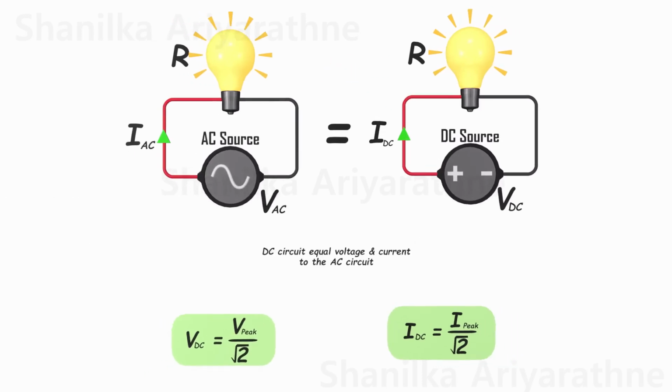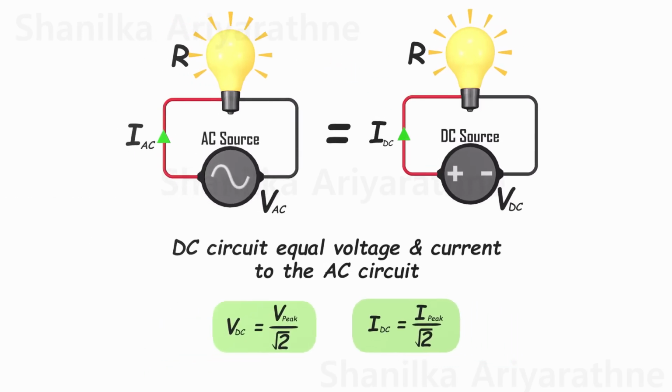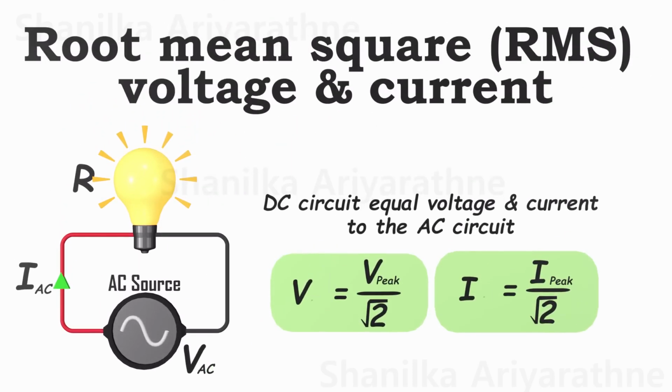Using this DC circuit analogy makes calculations in AC systems more straightforward. These values derived are commonly known as root mean square values for AC systems. Almost always, RMS values are employed to express the voltage and current in AC systems.